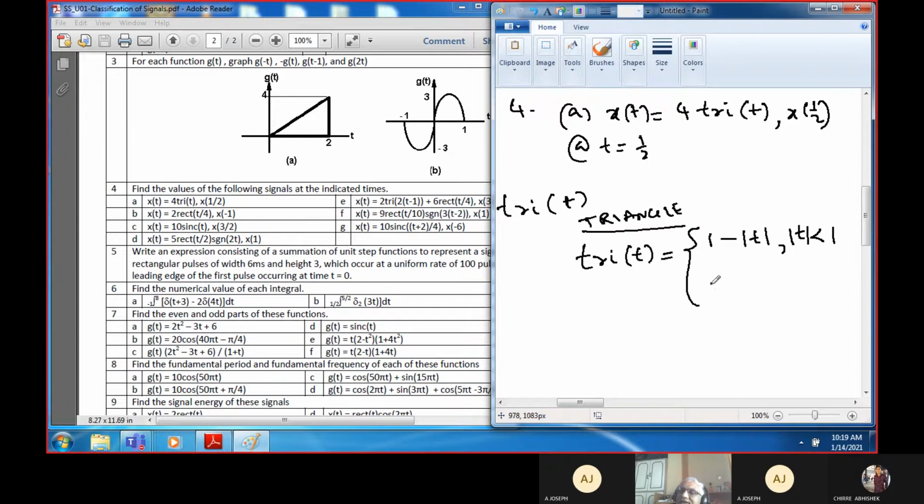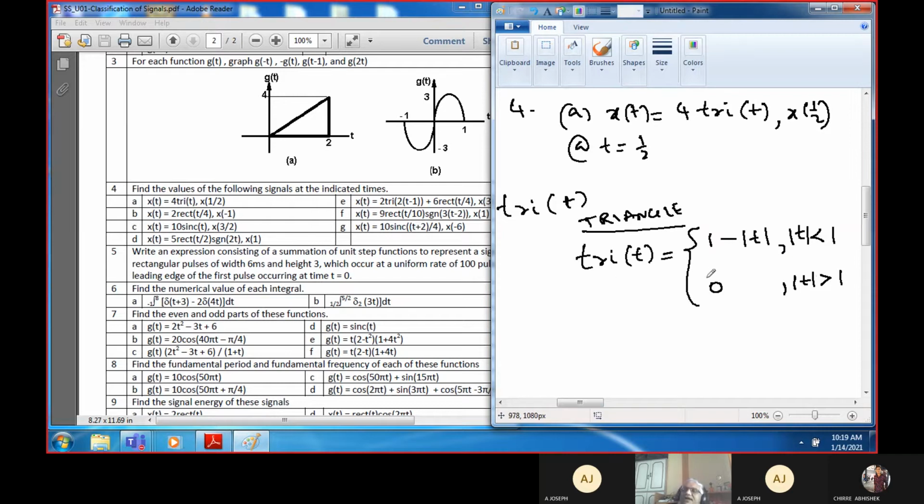Okay, and it is equal to 0 for all values of mod t greater than 1. Okay, it is equal to 1 minus mod t for all values of mod t less than 1, and it is equal to 0 for all values of mod t greater than 1.